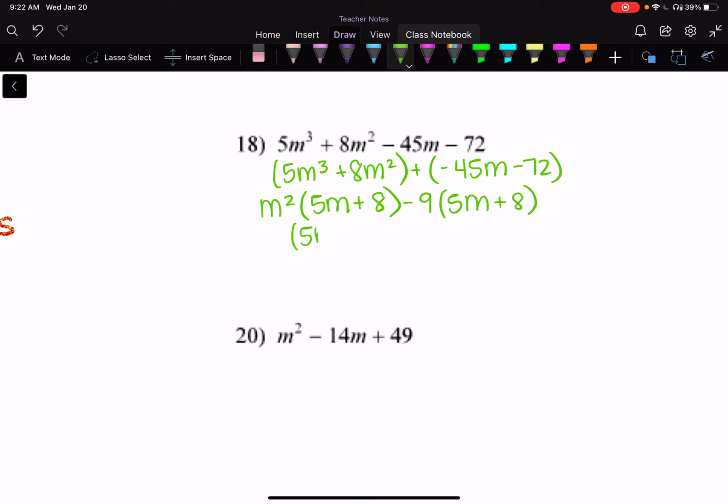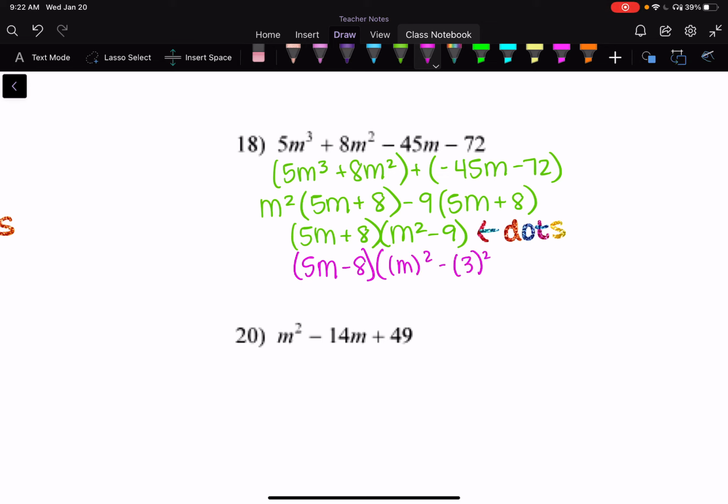That leaves me with 5m plus 8 and m squared minus 9. M squared minus 9 is a dots problem, so we're going to break that down to 5m minus 8, m squared, and 3 squared. And then 5m minus 8, break up my dots to m minus 3 and m plus 3.